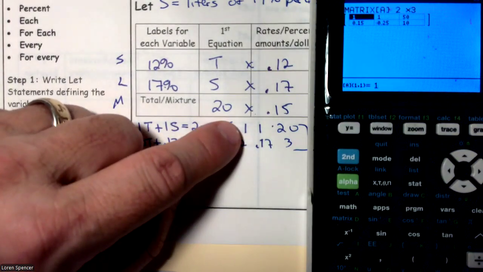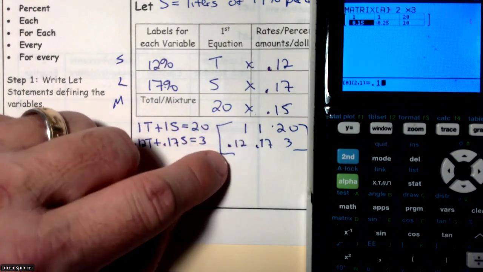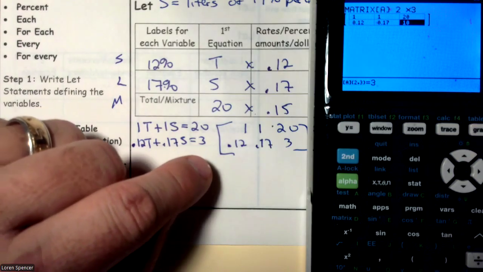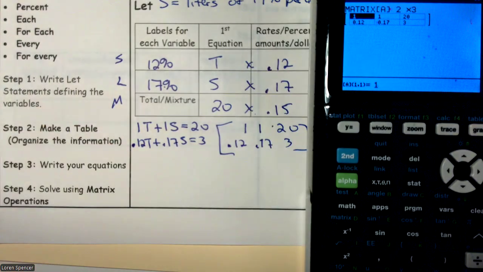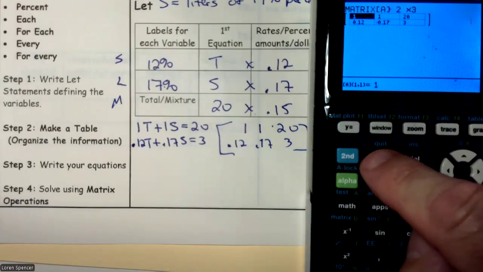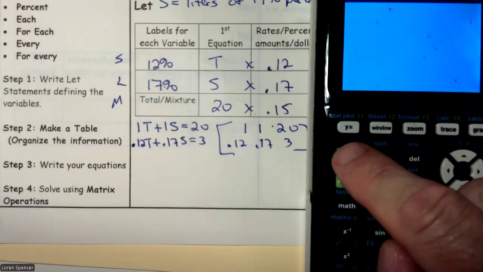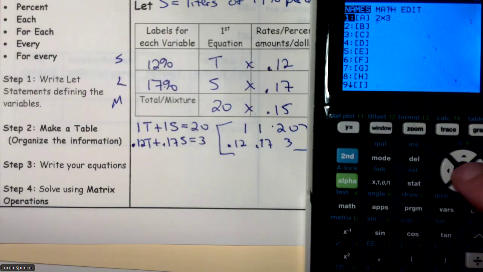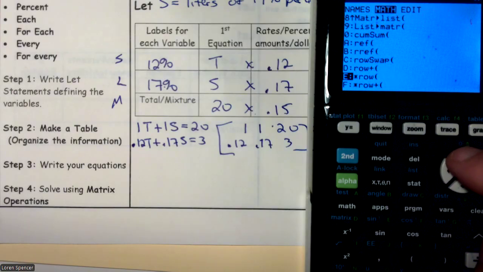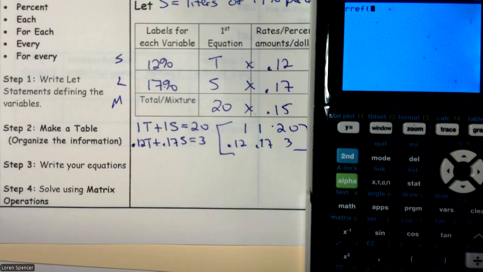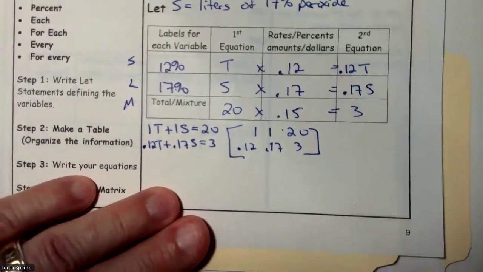And we're just going to enter those values: 1, enter, 1, enter, 20, and then 0.12 enter, and 0.17 enter, and then 3. Once we have that, we're going to leave and press blue mode. Then it's blue matrix, arrow over to math, drop all the way down to RREF, blue matrix. We press enter twice and we find 8 and 12.